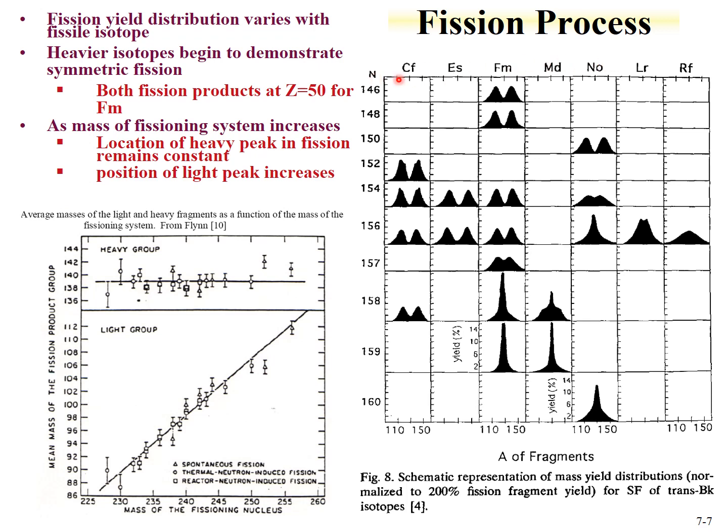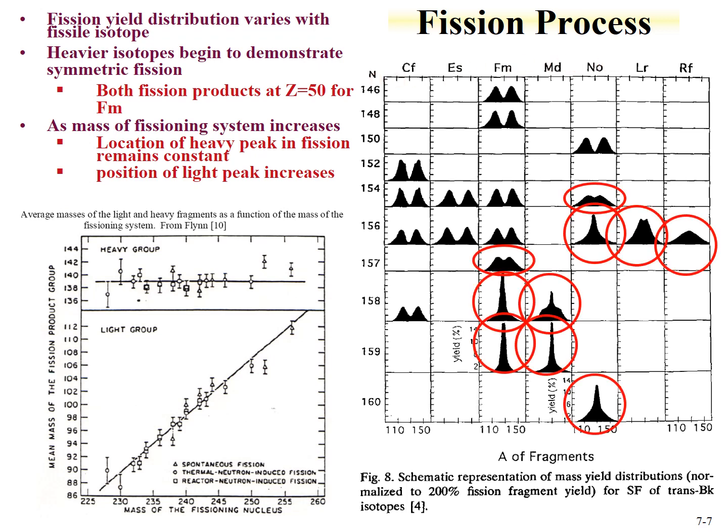These are the different isotopes. We can see that those in the circles here are all symmetric. So we can definitely understand that the fission distribution is actually a function of, we've already shown it's the energy, but also the fissile isotope that's undergoing fission.